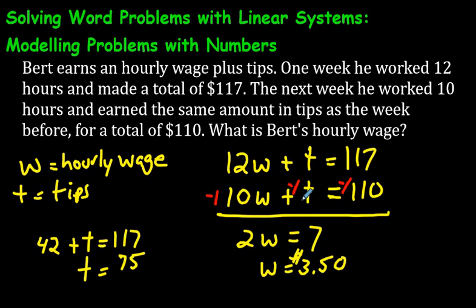Let's see if that works. 10 times 3.50 is $35 plus 75. And sure enough, you get 110. So you could write a sentence at the end of this and say, Bert had an hourly wage of $3.50, and by the way, he made $75 in tips each day.